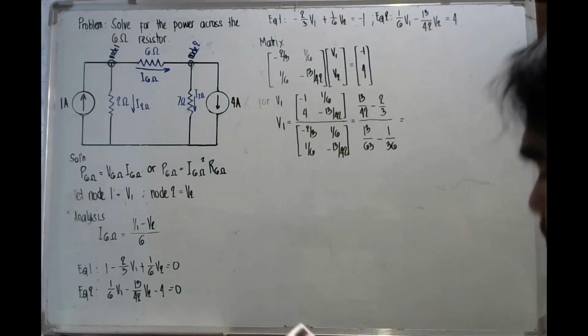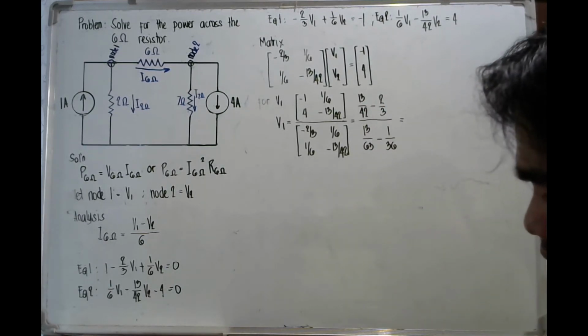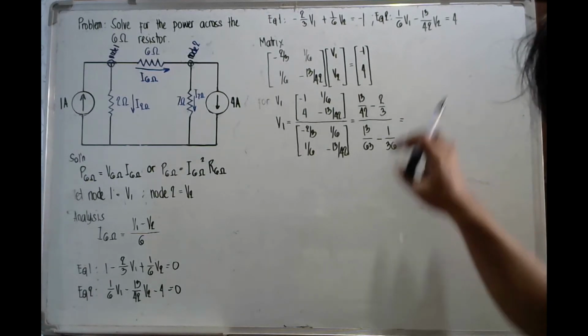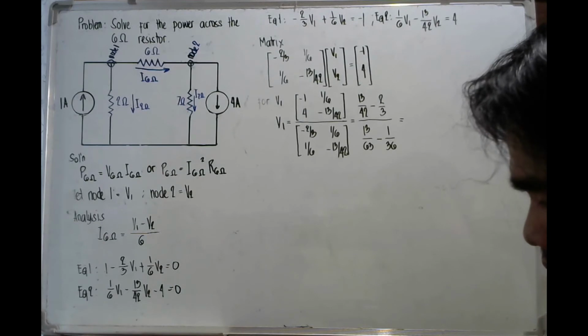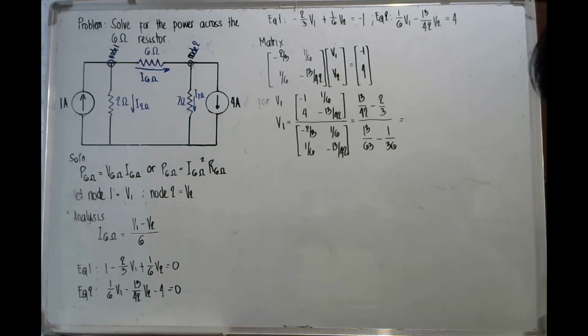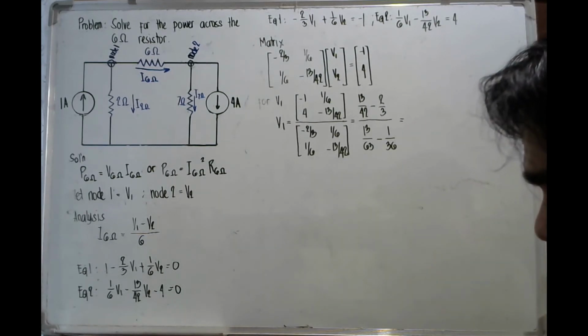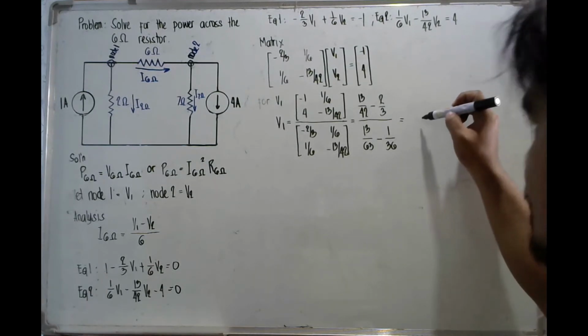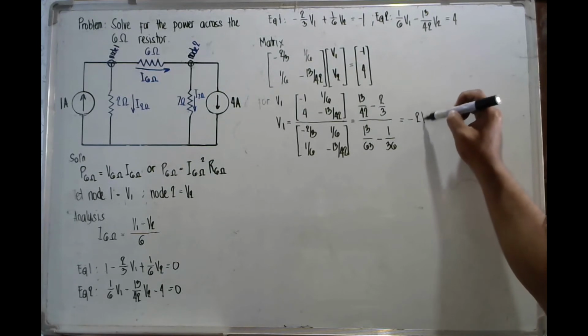So you have 13 over 42 minus 2/3, all over 13 over 63 minus 1 over 36. So your V1 is equal to negative 2 volts.